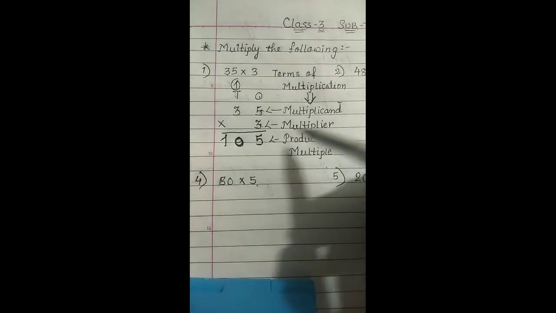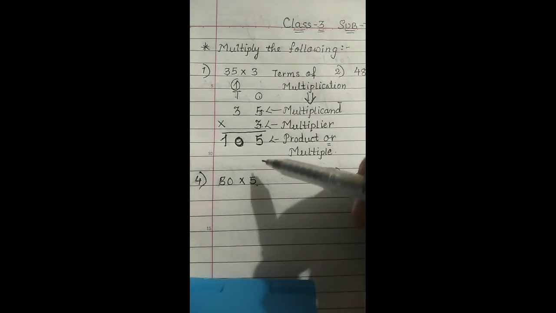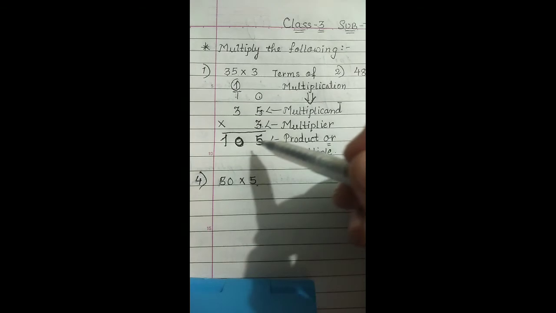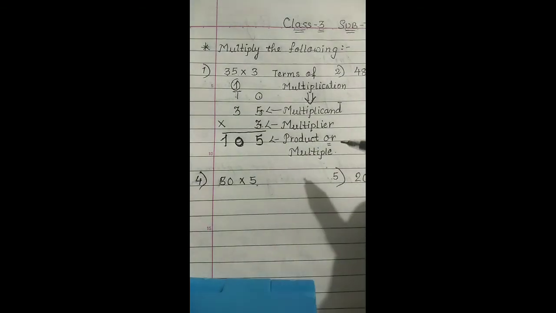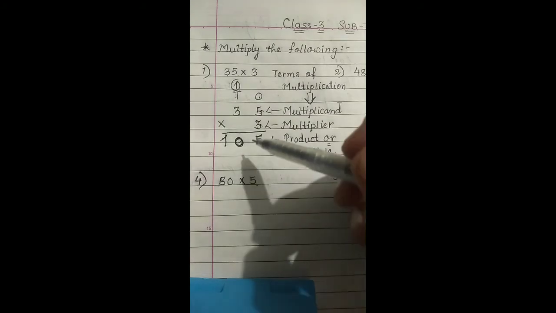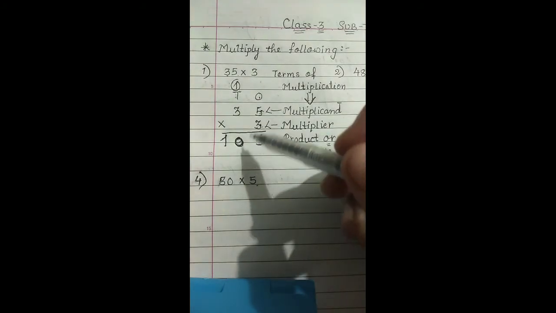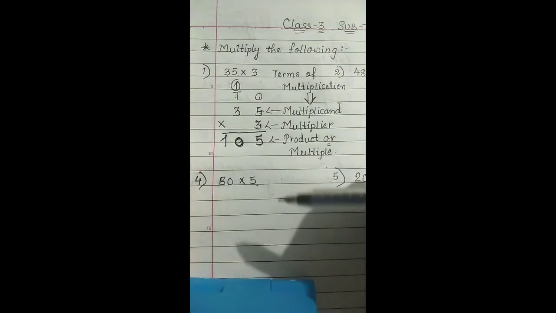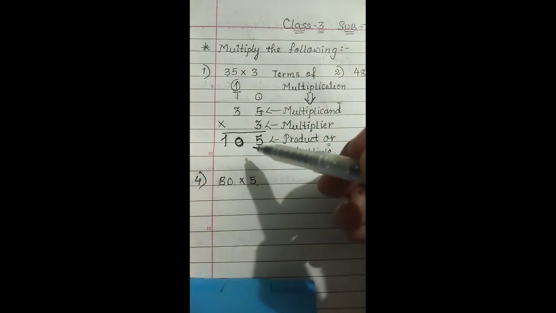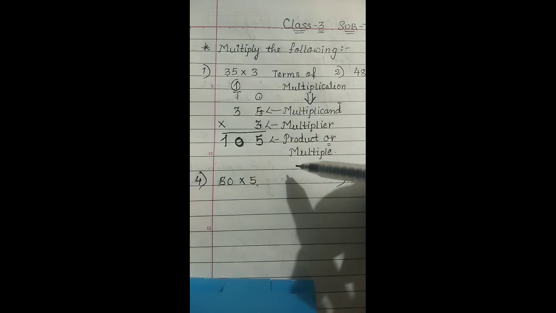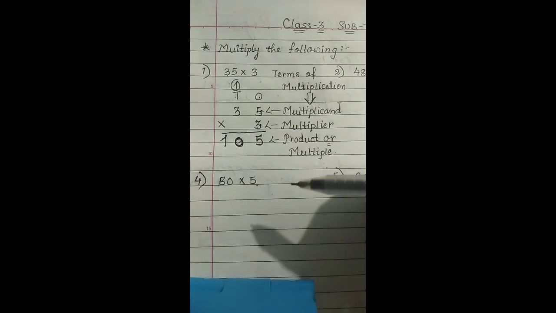Okay, so 3 is known as multiplier, and the answer obtained, that is known as product or multiple. Okay, in this way you can say that the product of 35 and 3 is 105, and in another way you can say 105 is the multiple of 35 and 3.